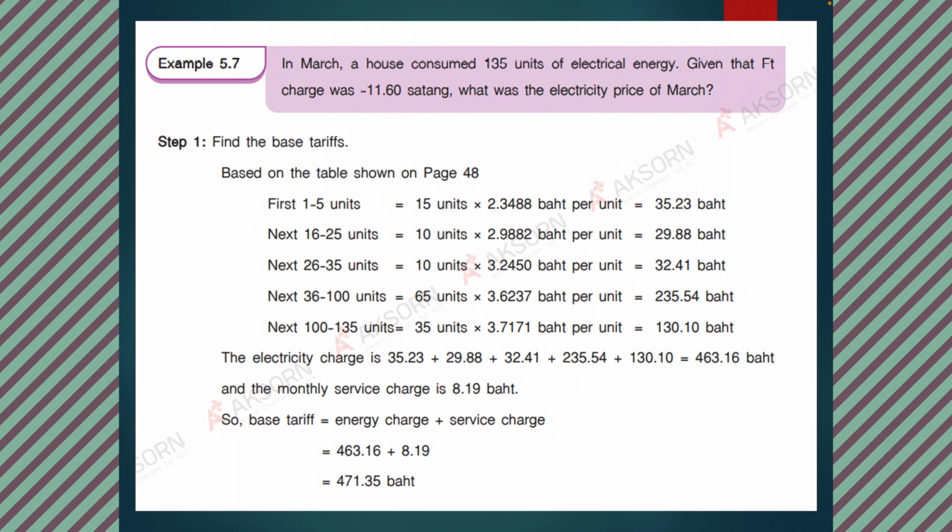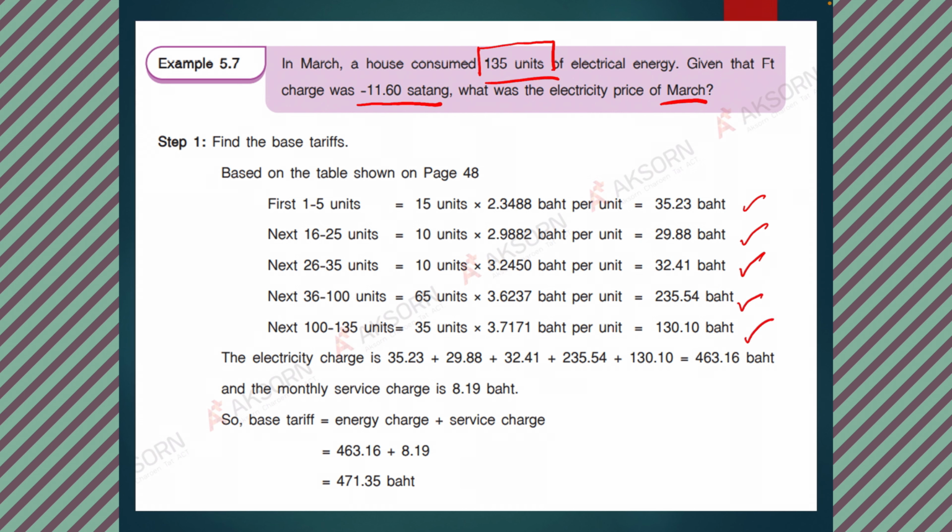So here is an example. So first, what did I say a while ago? The base tariff. So let's see the given: 135 units of that particular month. And then the FT charge or the variable tariff on that month was minus 11.60 satang. So let us calculate the electricity for the month of March. Since there are 135 units, these are the values that you're going to get.